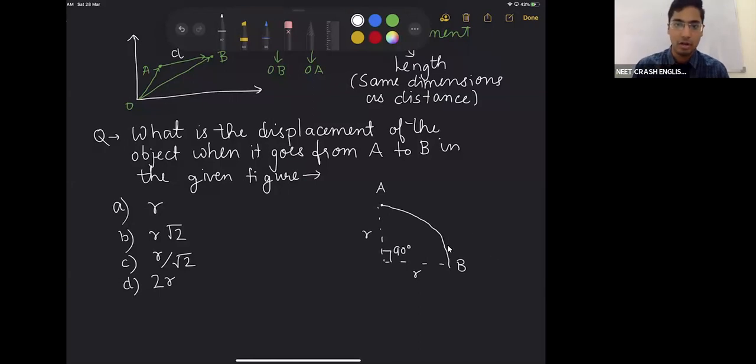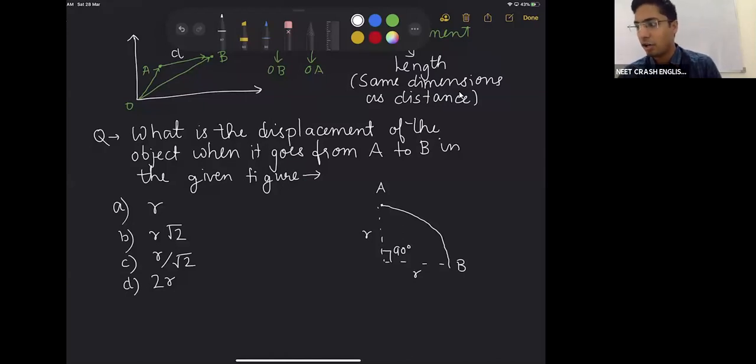Okay, let me launch a poll for you. You can also write your answers in the chat box. If the poll is not visible, you can write your answers in the chat box. I want you to tell me what is the displacement in this case.